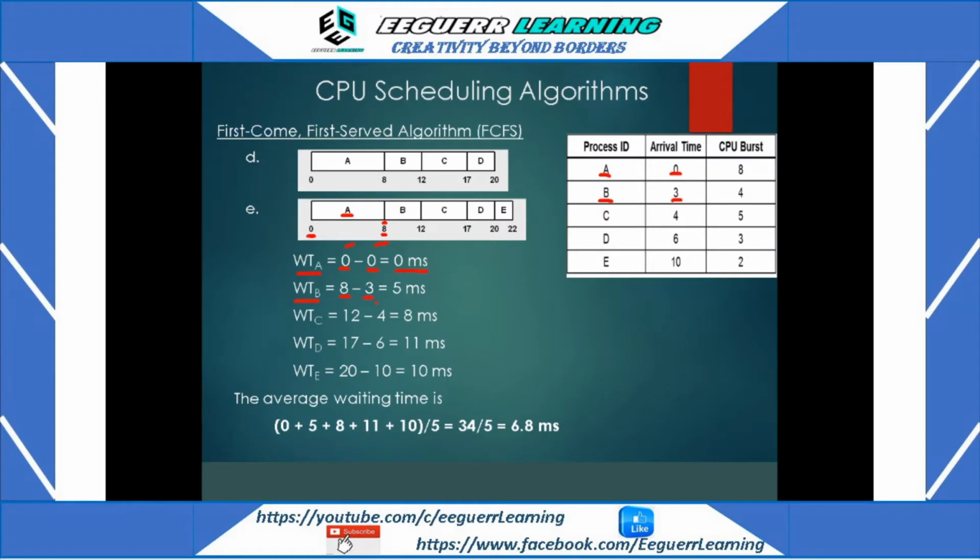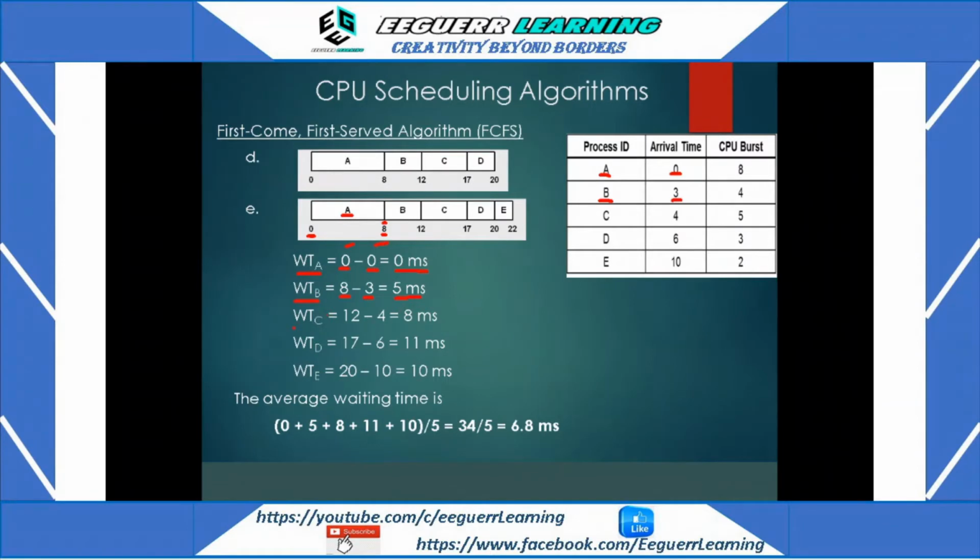Then we subtract: 8 minus 3 gives us 5 milliseconds, so the waiting time for process B is 5 milliseconds.